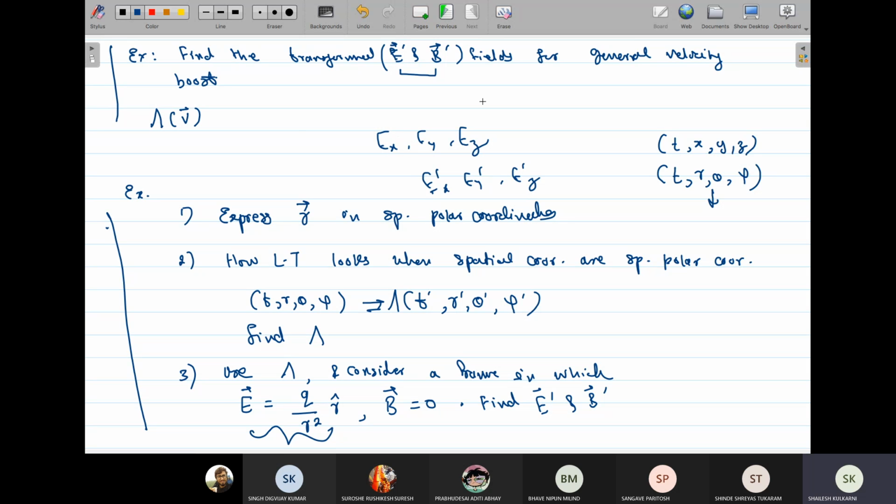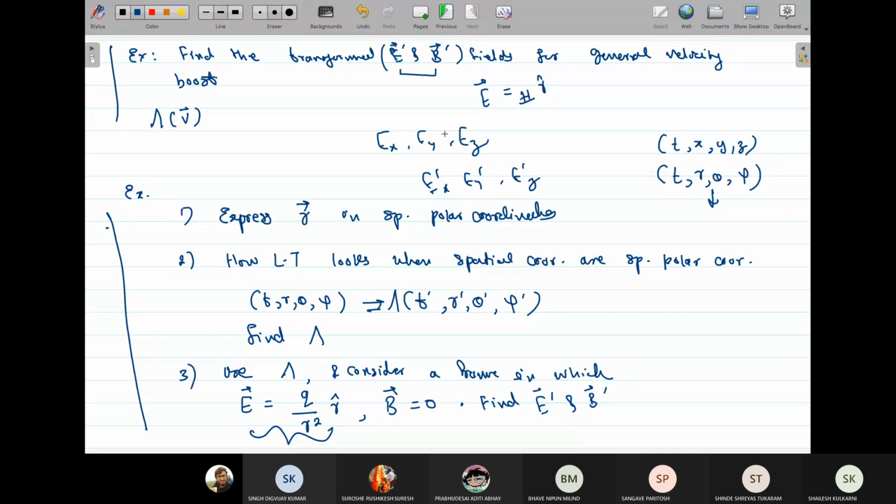From the beginning, given to you is that E is something times R cap. You find out the x, y, z components, use those components, and transform them in the frame which is moving along the x-axis with velocity v. Don't use this general velocity boost.